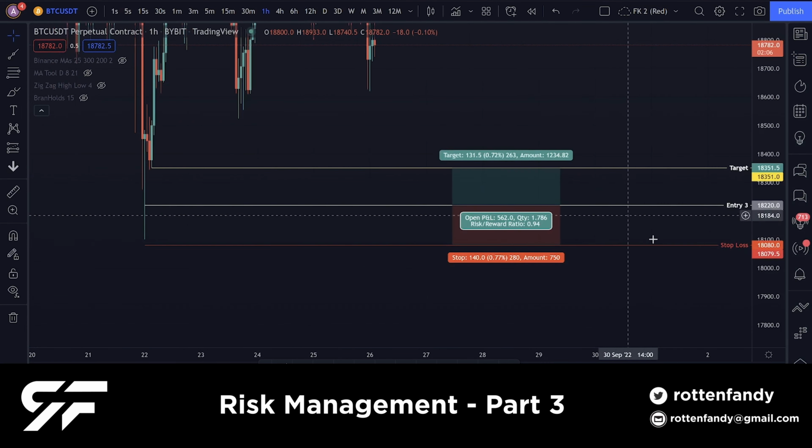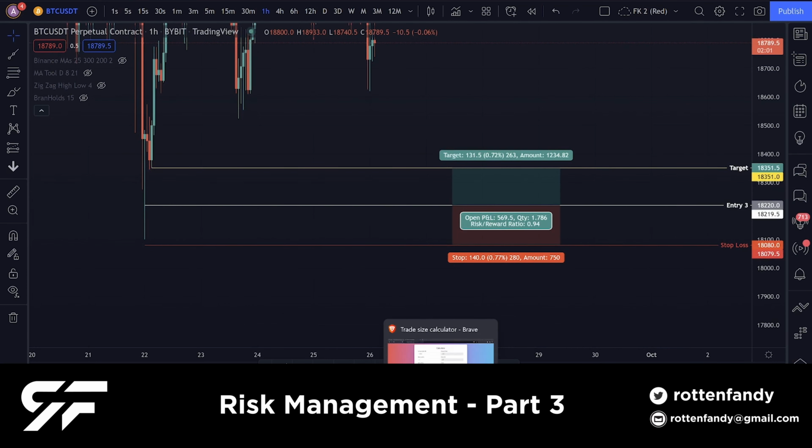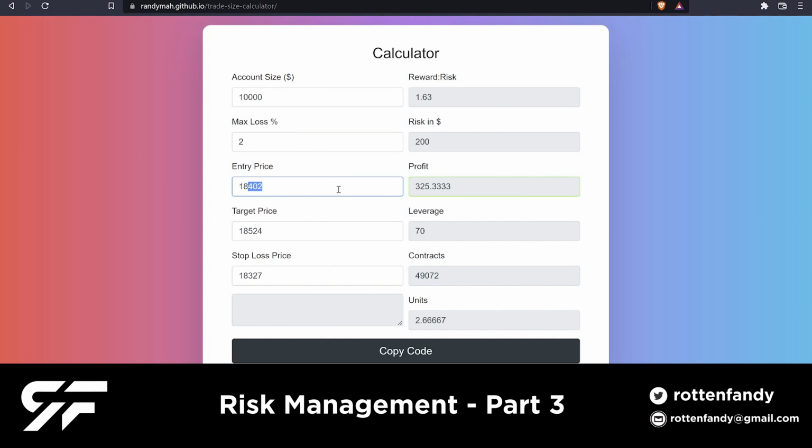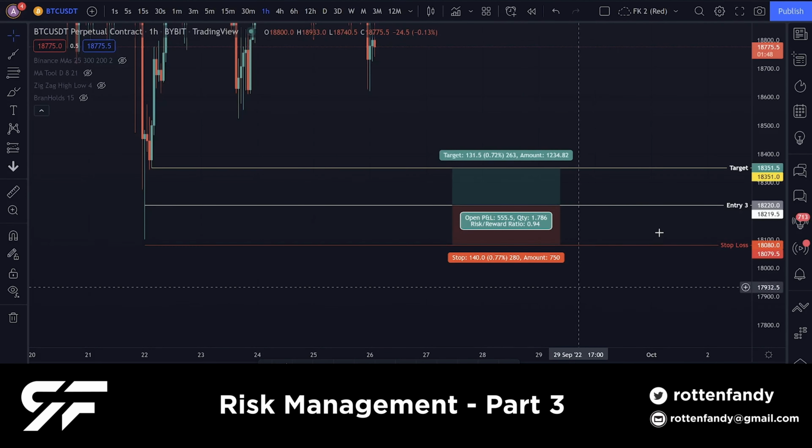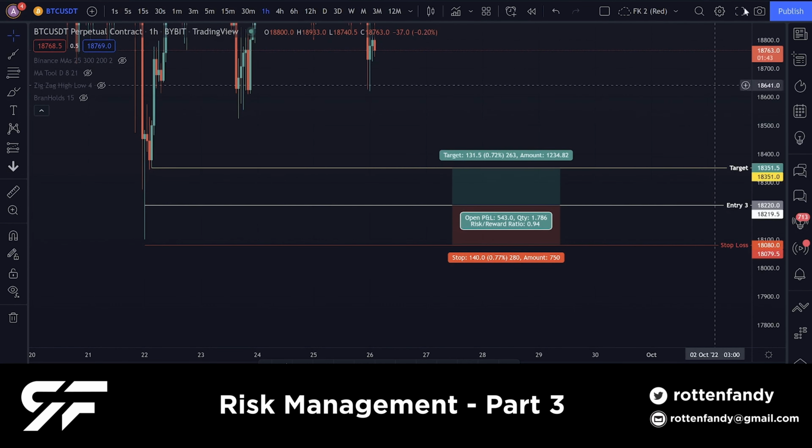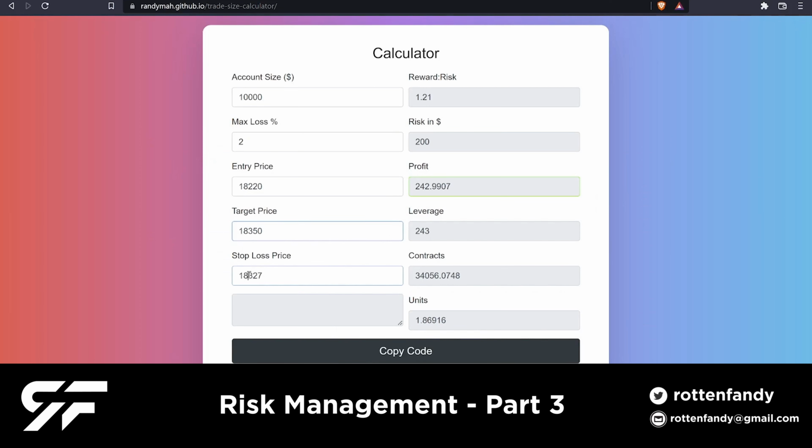So based on these values, so 18219, or let's put it as 220 round figure, and 18351, 350, and stop loss 18080, right? Do you see like how the leverage over here is automatically calculated for me? So this is basically what you should be doing.